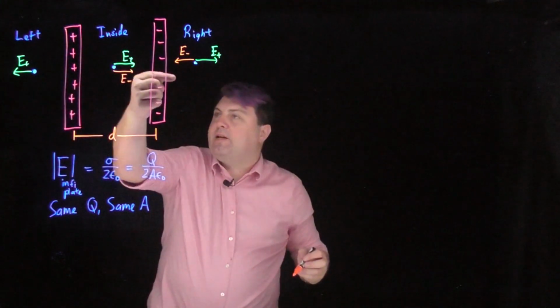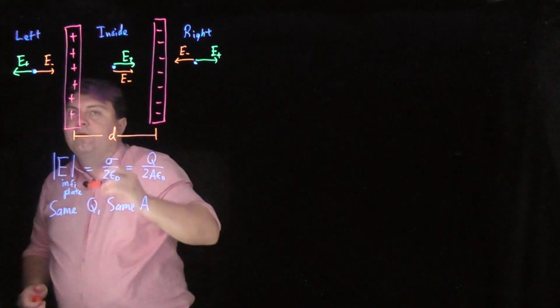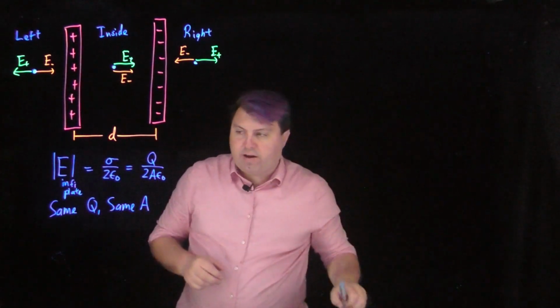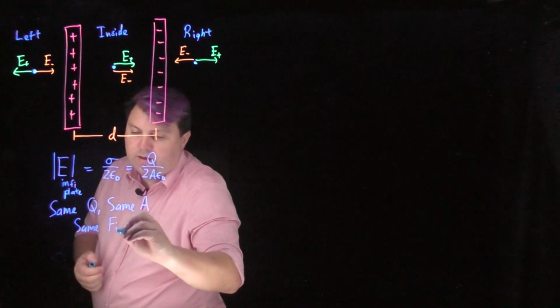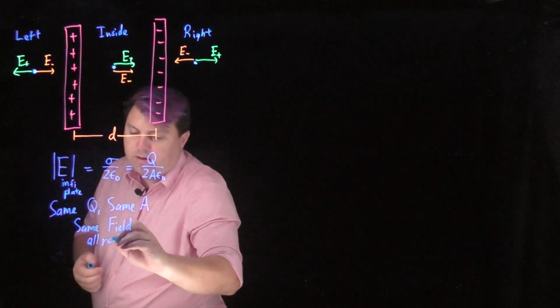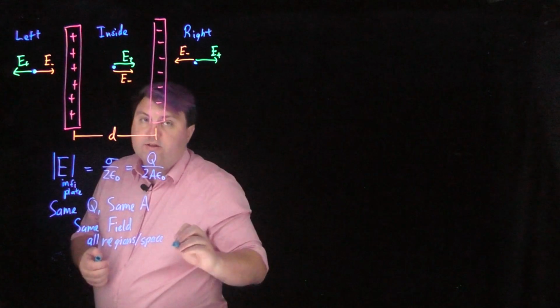And from the left side, it's trying to pull it in, so this electric field E minus. So if they have the same charge and the same area, they have the same field magnitude in all regions of space.